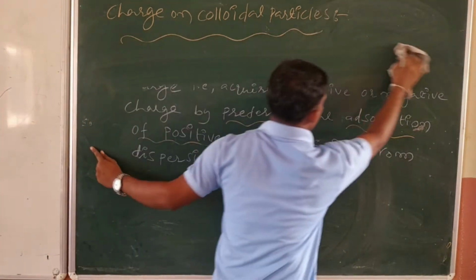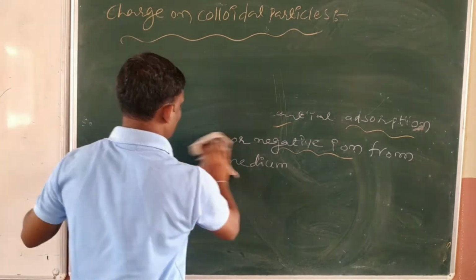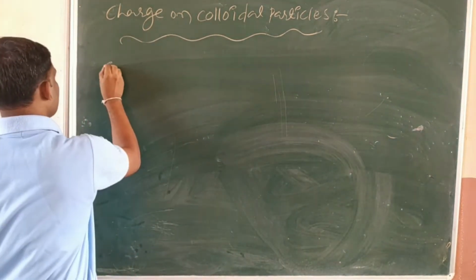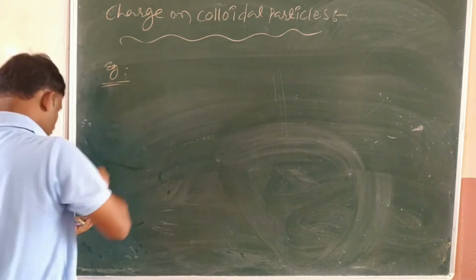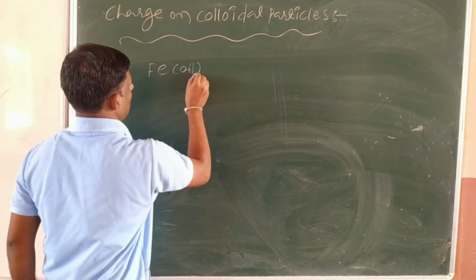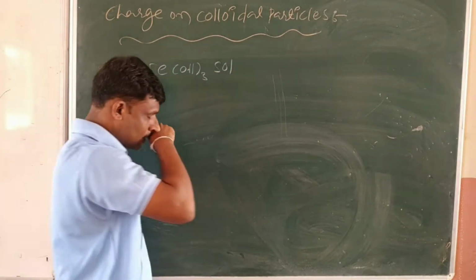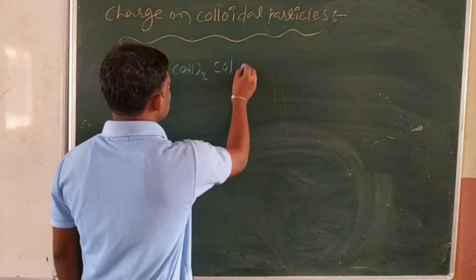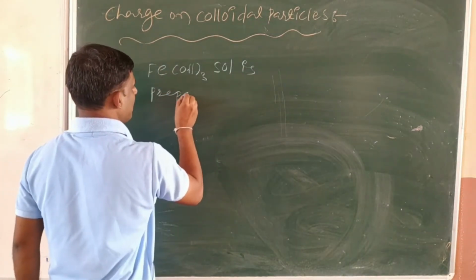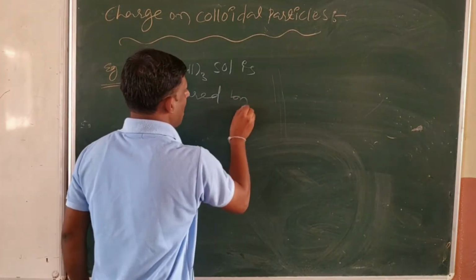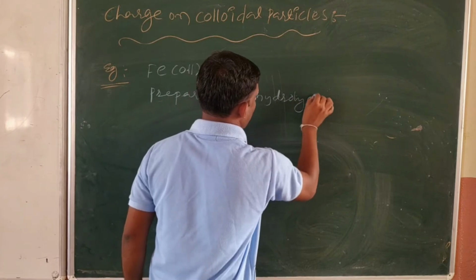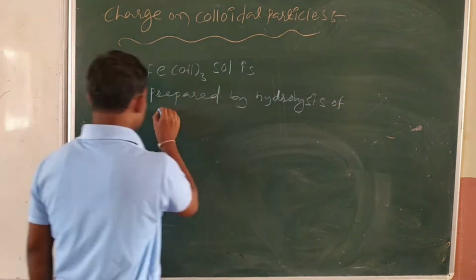For example, I am going to prepare Fe(OH)3 sol. How will we prepare it? Fe(OH)3 sol is prepared by hydrolysis of FeCl3.